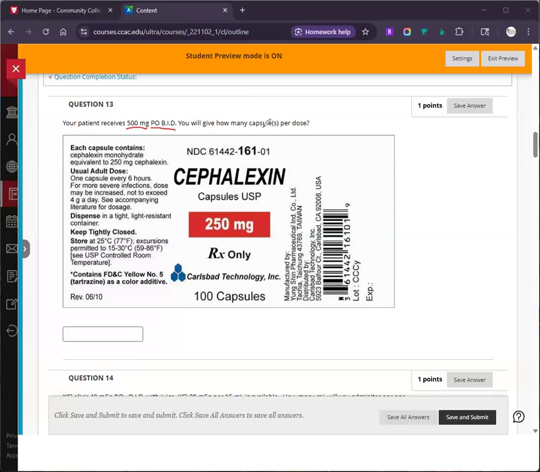The next thing actually tells you what you're looking for. It says how many capsules would we give per dose. So the 500 milligrams is the dose, and then the BID is the number of doses per day. If we're looking just for the dose, we just want to worry about the one-time 500 milligrams.